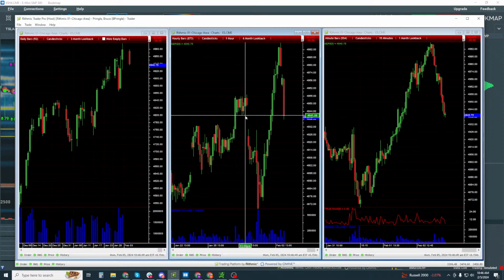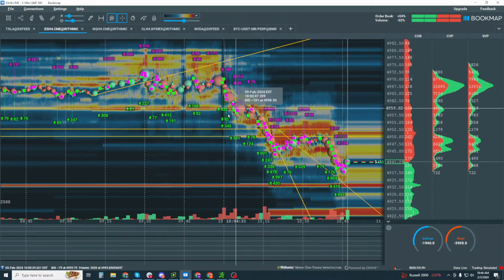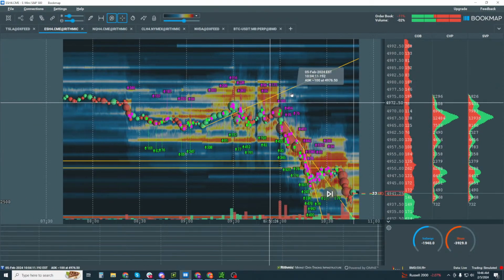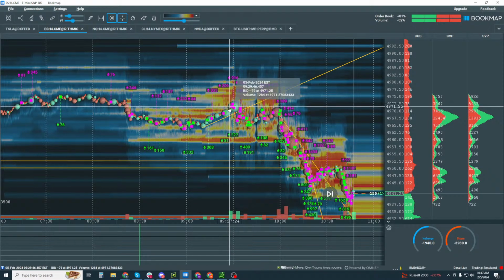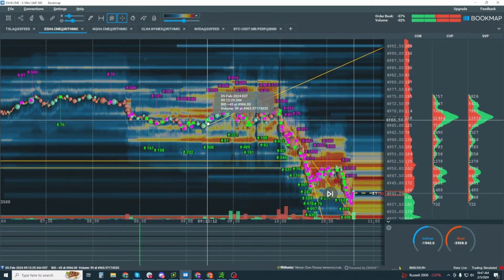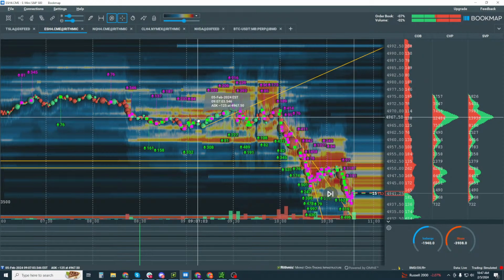Now, probably a better way to do it is not only see that absorption, but look for buyers to start to come in on the other side. If you do see that, then you've got three different things telling you there's potential for a move to the upside. Do you want to hold it? Well, if you're still in the mindset for a bigger move to the downside and you're trading on that time frame, then hold it. If you're trading on medium term or a smaller time frame, then consider taking some off.